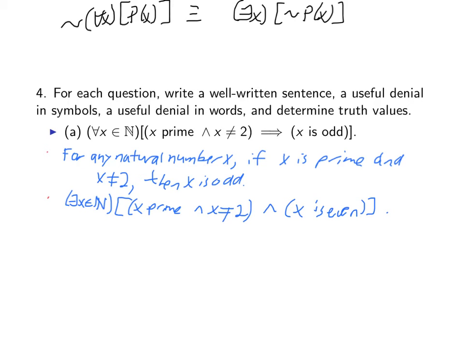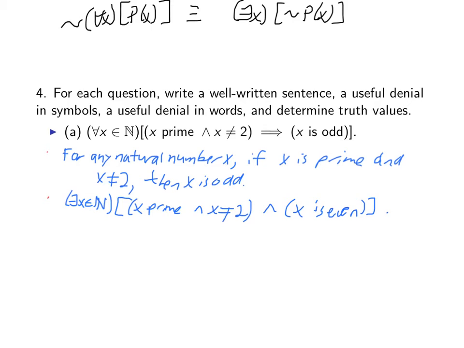There exists an x in N such that x is prime and x is not equal to 2, premise, and x is even. Denial of conclusion is the denial of the implication. Okay, so in words, that's basically what I said.